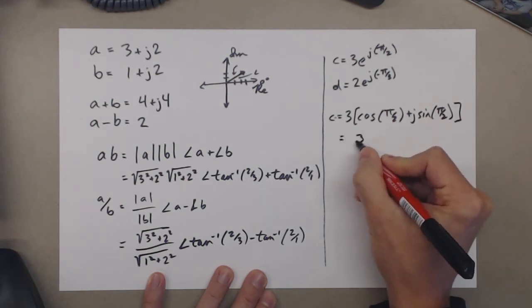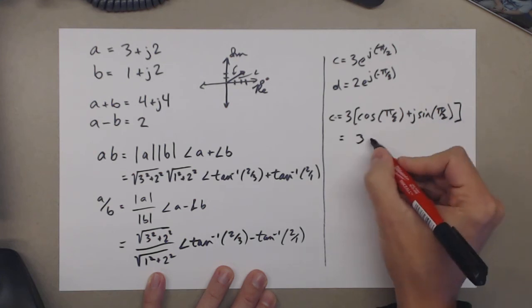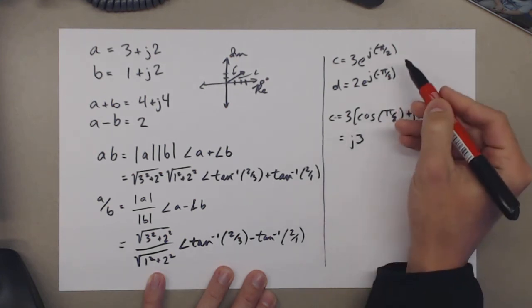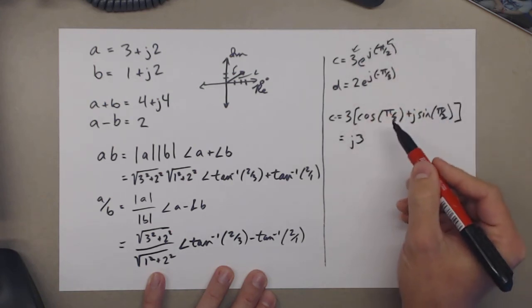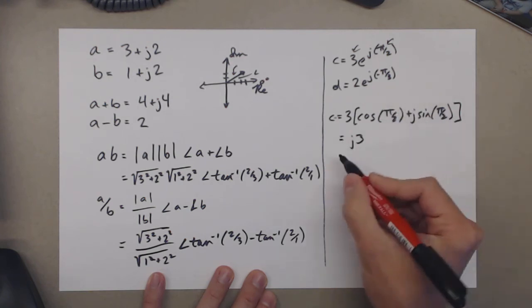And that just equals 3. Cosine of pi over 2 is 0. Sine of pi over 2 is 1, so we just have 3 times j. So if we want to go from this magnitude and phase form into a rectangular form, again, we can use Euler's formula.